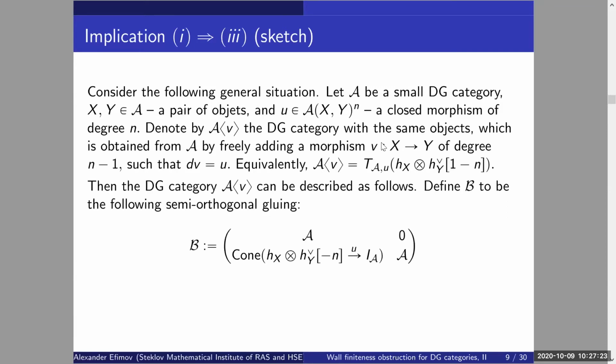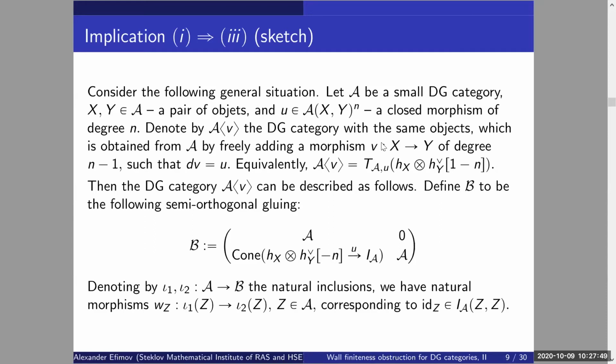And this category where we added a new morphism can actually be expressed in terms of gluings and quotients. So we take the semi-orthogonal gluing of two copies of A using this bimodule, which is just the cone of this map from this representable bimodule to the diagonal.